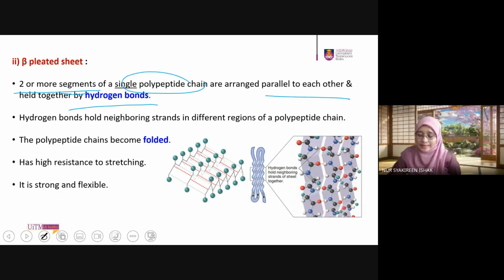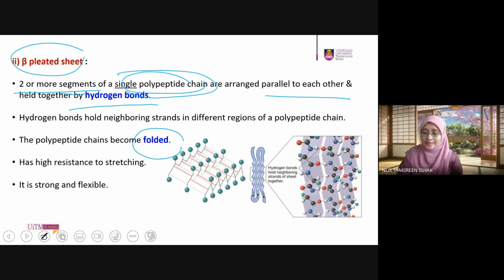So the polypeptide chain becomes folded, has high resistance to stretching, and is strong and also flexible. So again, for beta pleated sheets, it involves only a single polypeptide chain to be folded. Okay, and the folding is held by hydrogen bonds between parallel segments.